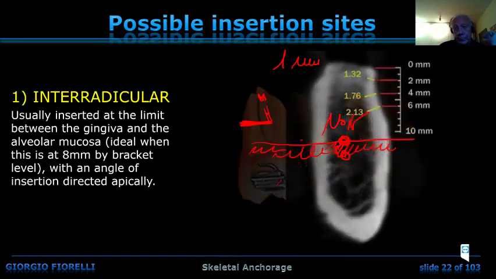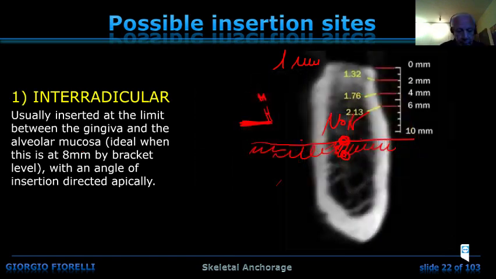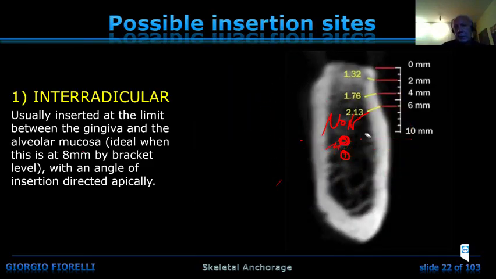So the thickness of the cortical bone is probably the most important factor in making a TAD stable or not.